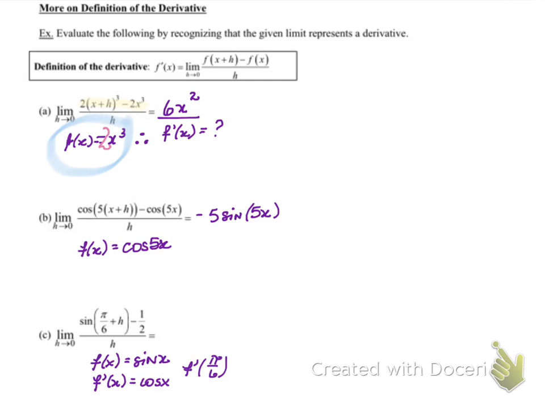And f prime of pi over 6 is the cosine of pi over 6, which is, oh sorry, not 1/2. What was I thinking? Square root of 3 over 2. There you go.